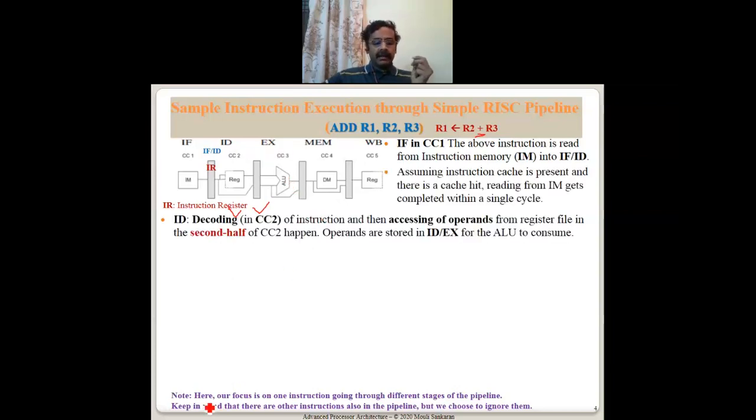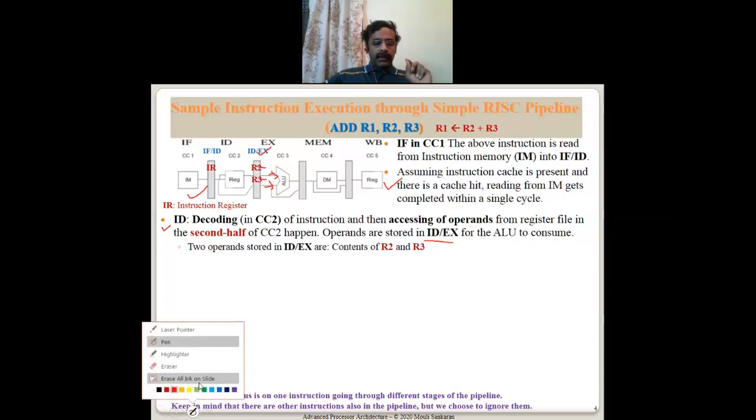It is ID/EX. Assuming an instruction cache is present, assume we are reading in a cycle, and then in the decoding stage, we store it in this register, called ID/EX, which is holding the operands to be fed into the ALU. The ALU needs two inputs. They are coming from these two values.